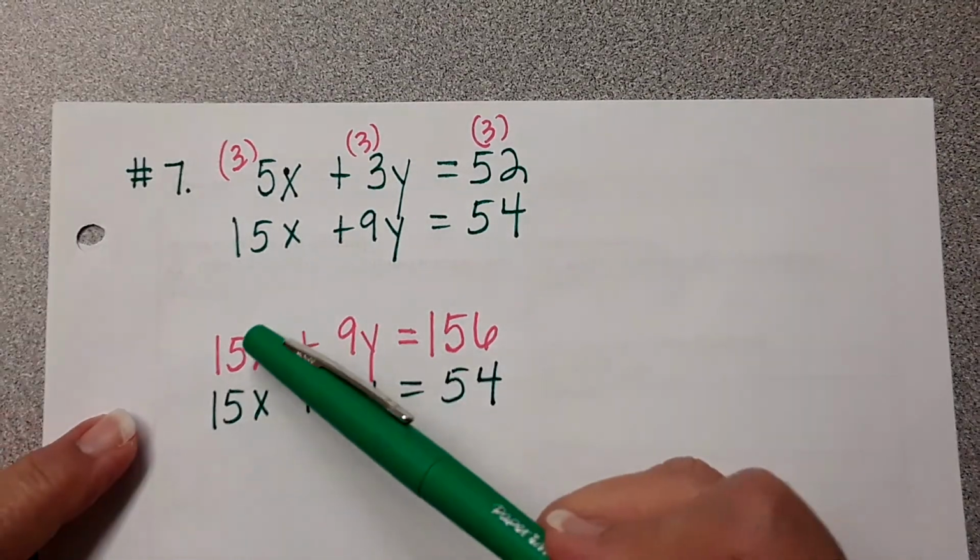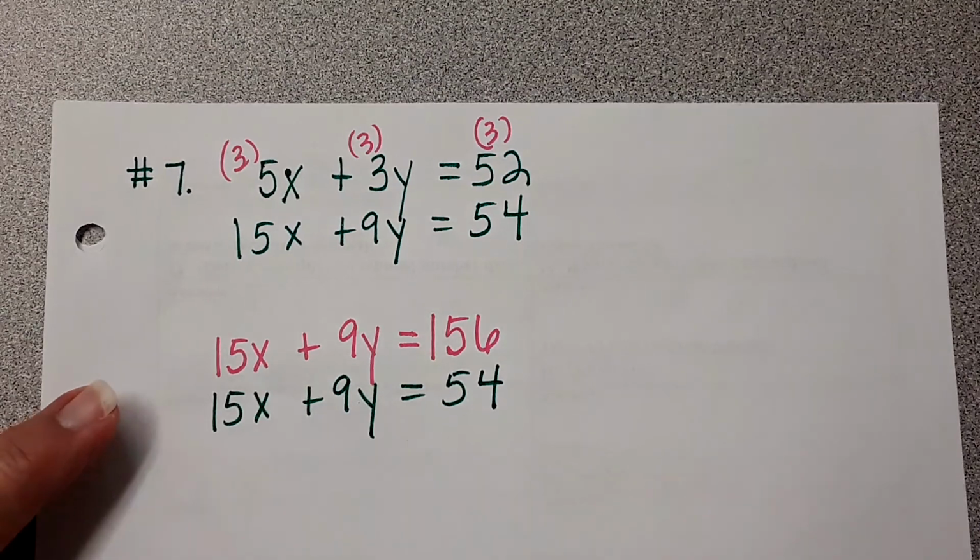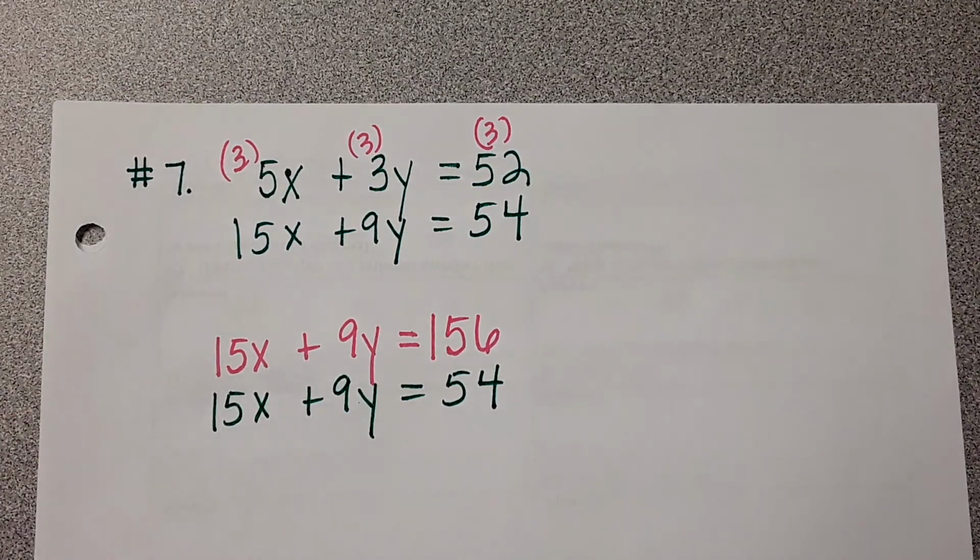Now, in order to eliminate the x's, they're the same sign. So am I going to add or subtract? The 15s have the same sign, so how would I eliminate them?